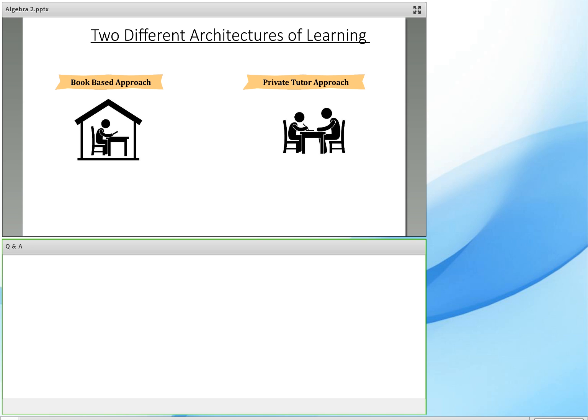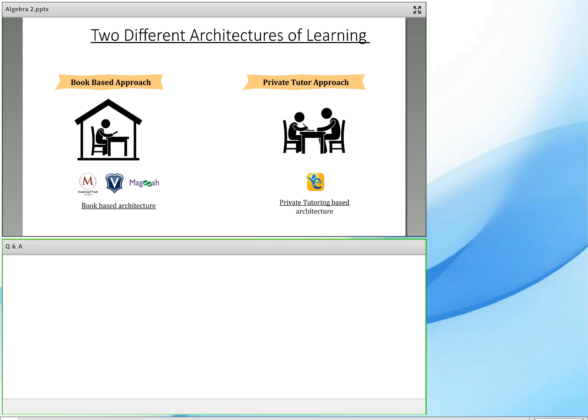When you map most of the other courses out there by other companies, you're going to find that even though they provide audiovisual instruction, quizzes, and mocks, their core learning architecture and feedback architecture is based around this book-based approach. When you look at e-GMAT and evaluate our learning and feedback architecture, you're going to find that it's modeled after the private tutoring-based approach.